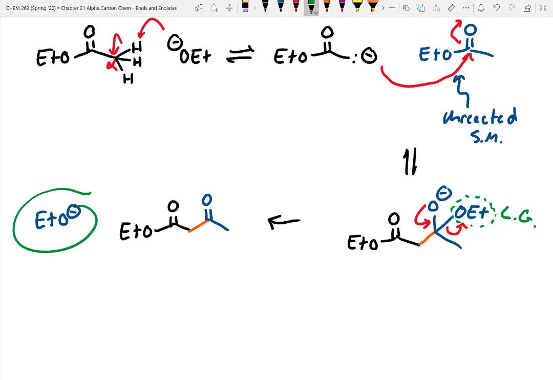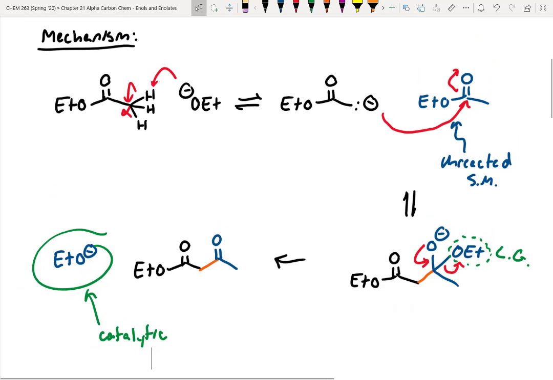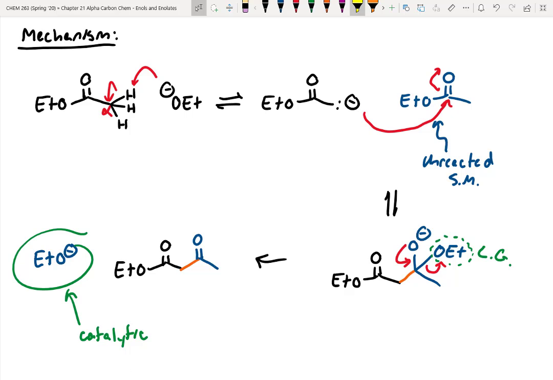Just like I said before, this is going to be catalytic, meaning your leaving group can act as an additional source of base and keep this reaction going in the future. So it's a pretty useful tool for making new carbon-carbon bonds. You can see in this example, just like with the aldol example, both of our reagents were the same, meaning we were reacting an enolate with some portion of our unreacted starting material.